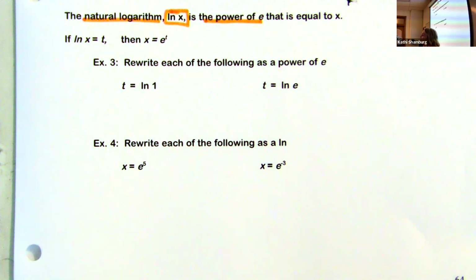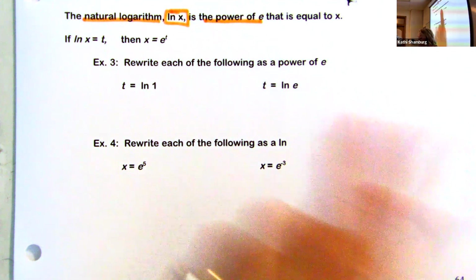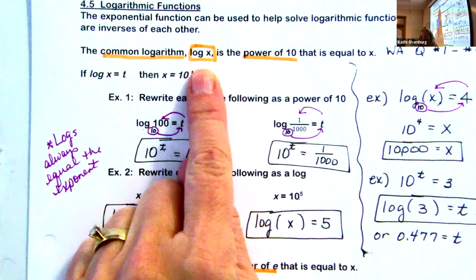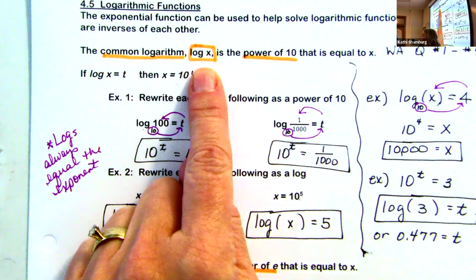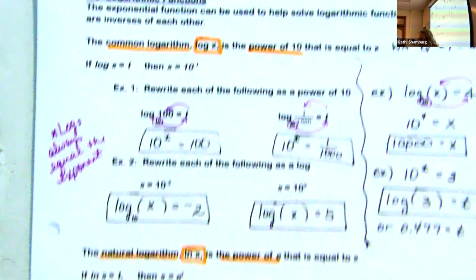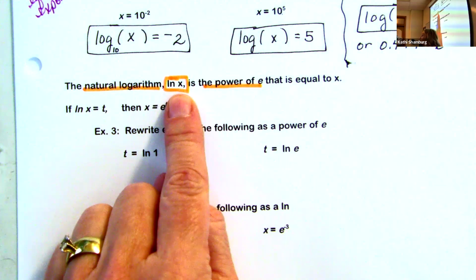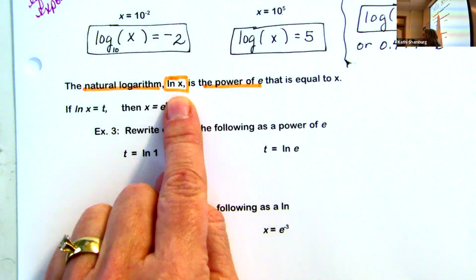E is a number like pi. I think it's 2.78 and so on. So it's kind of like pi, but anytime you see natural log, just like when we see log of x, we automatically know that's base 10 if it doesn't have anything written there, now when you see natural log of x, you go, oh, that's automatically a base of E.